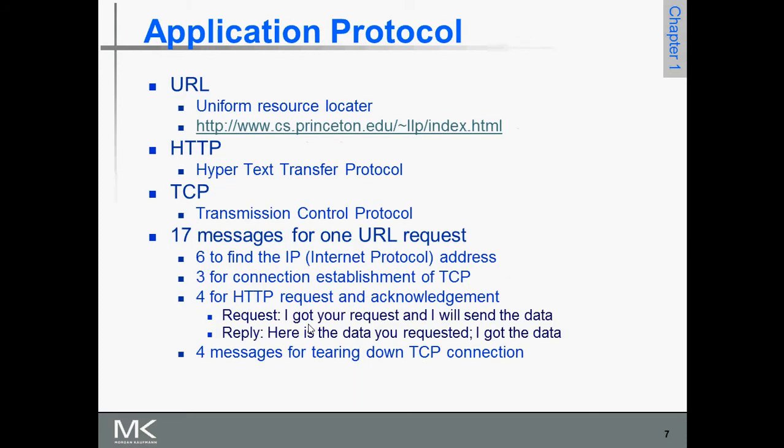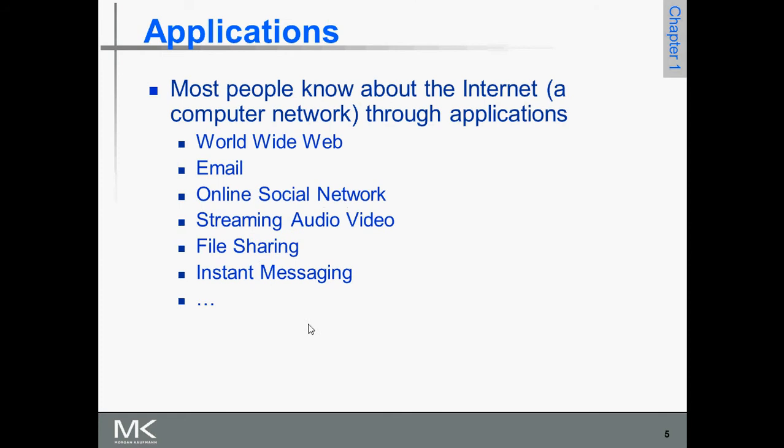The second class of application is streaming audio and video. This is a class of application that most people use today. So what is streaming audio and video, and what is the difference between the World Wide Web, or accessing a web page, and streaming? In streaming audio and video, you continuously download a stream of audio and video.